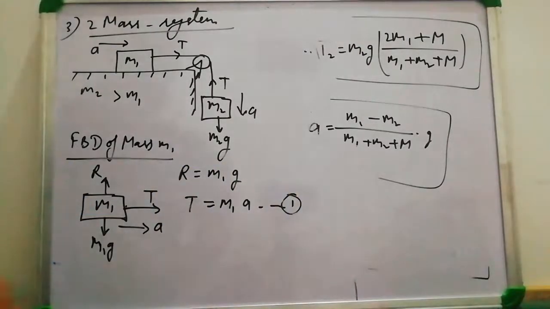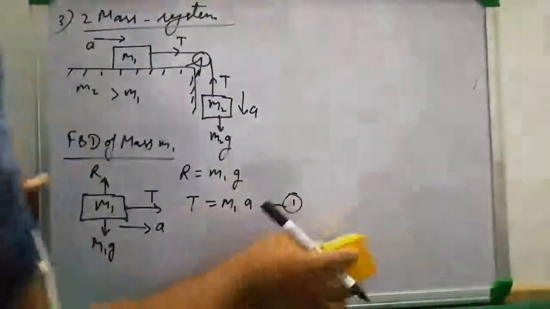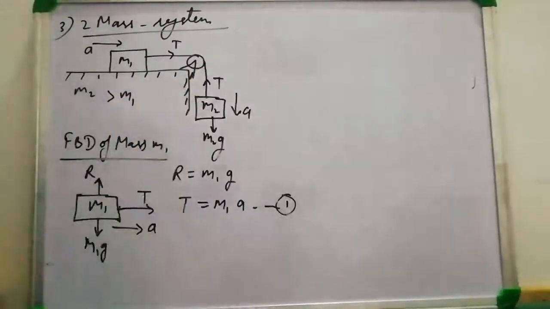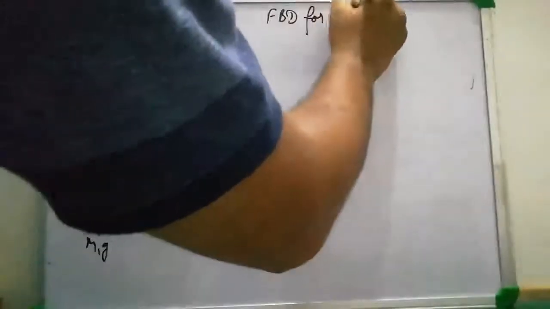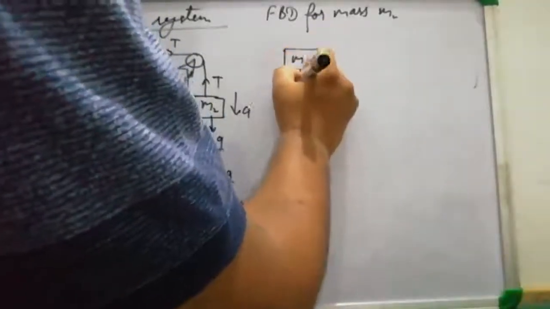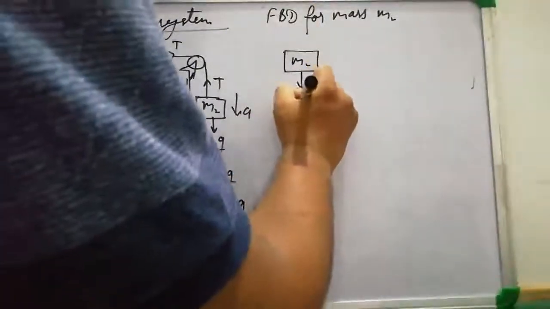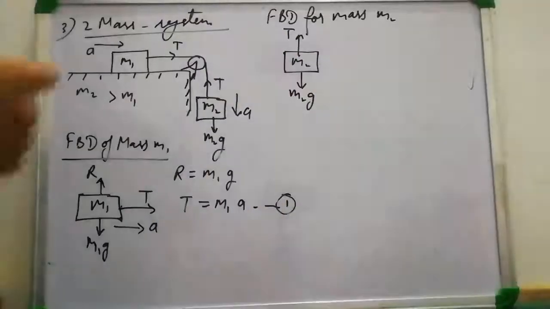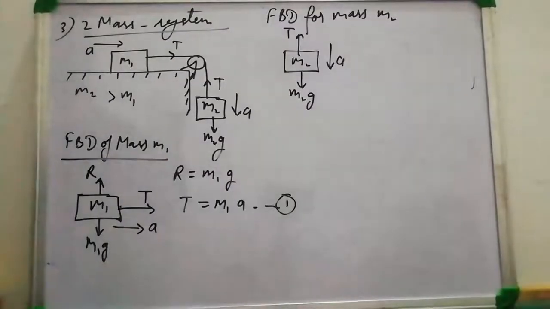Now FBD for mass m2. The weight of mass m2 is acting vertically downward and the tension generated is acting vertically upward, but the whole body is moving in the downward direction with an acceleration of a.